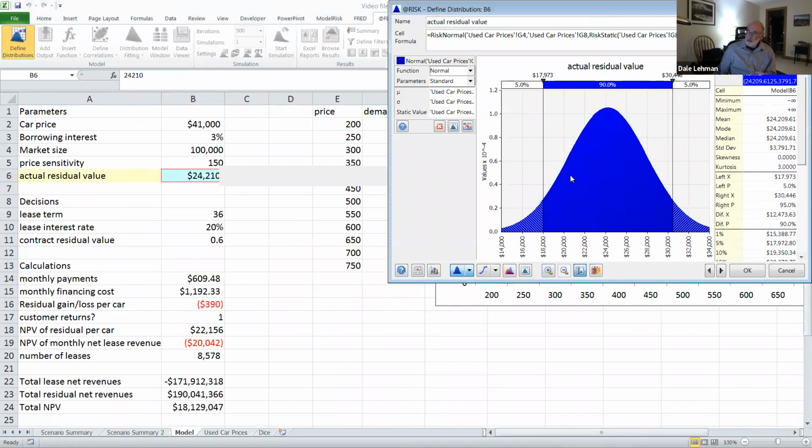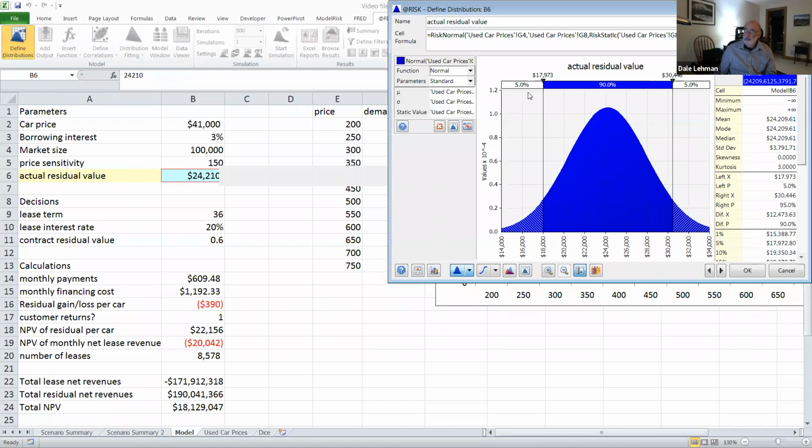Now, notice I've made an assumption that is not quite realistic, at least compared to the data I have. According to this, there's almost no chance it will be above 34,000, and I have one used car that's almost worth 36,000. According to this, there's some sizable probability that it will be worth less than 18,000.